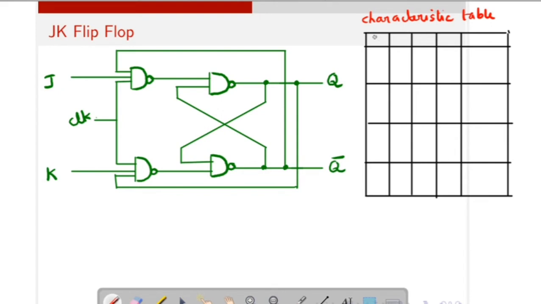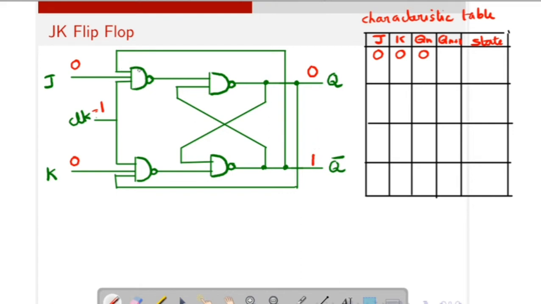The inputs of the characteristic table are J and K, then present state Qn, and output is Qn plus 1, the next state, and this indicates the state of the flip-flop. When J is equal to 0, K is equal to 0, and present state is 0. So here we have J is equal to 0, K is equal to 0, clock is 1. Then present state is 0 means present state bar is 1.